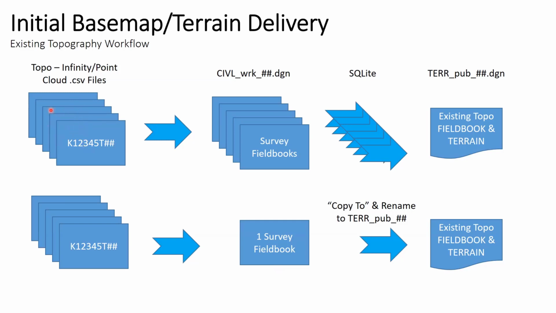What I would do is create a civil work file, and I would either create 5 different survey field books for each one of those topo files, or one field book with all of those different topo files merged into that one survey field book. And this is going to depend on how your office works. If one person is always processing all this data, you could probably go into this one survey field book where you're managing all the different topo files through there.